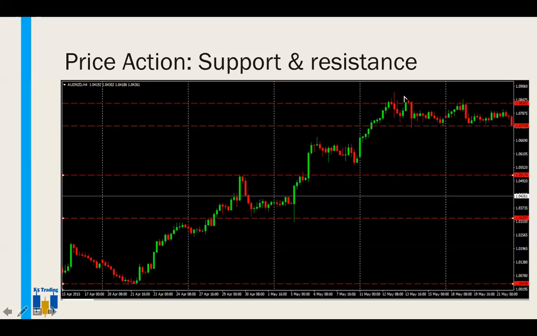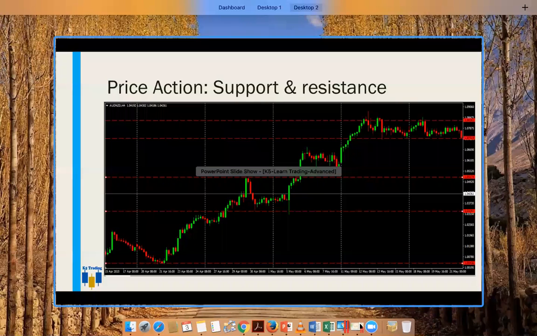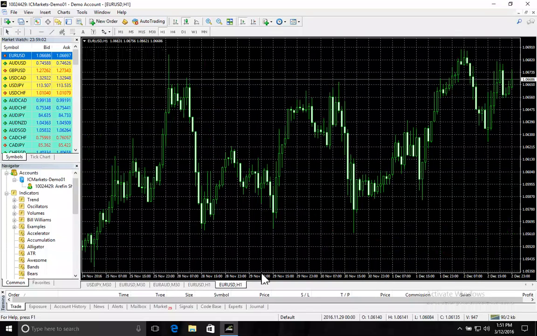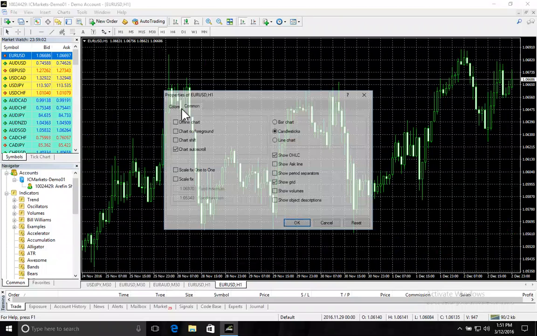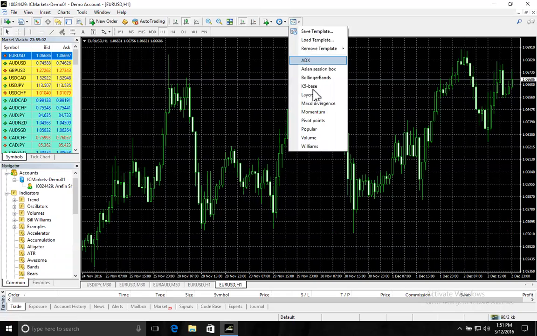To make the point about support and resistance, we will go to the live chart and see some other examples, and I will show you how to draw it. So for example, I open a brand new chart here. It's got no indicators, nothing. I'll simply change to the candlestick pattern, and there are a few things I like to change here.